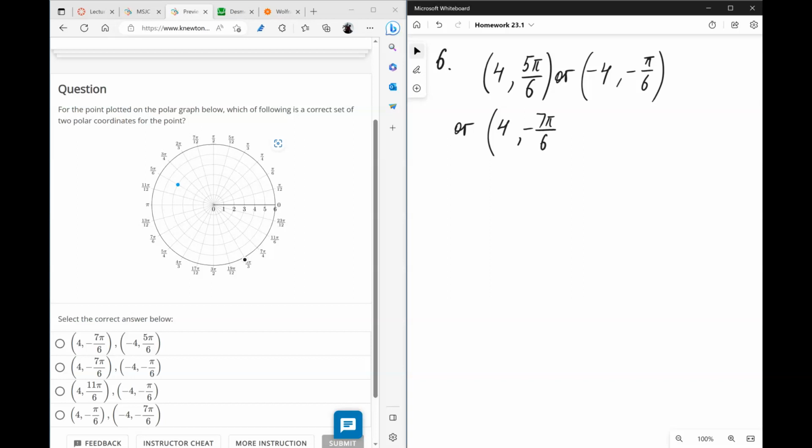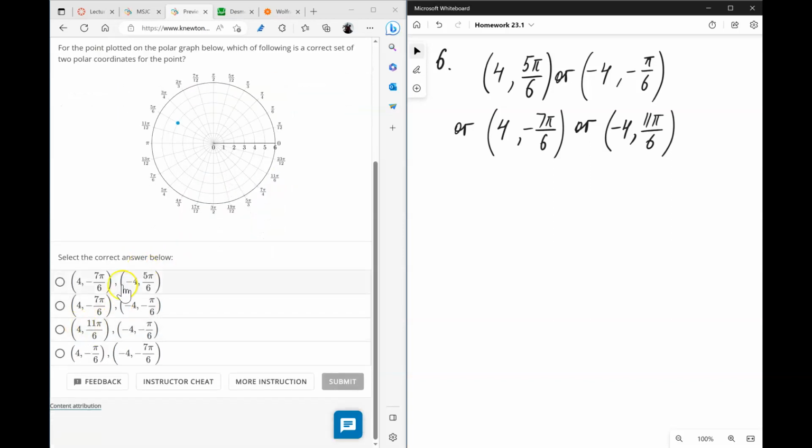Then you again will be moving forward 4, or you can go positive 11 pi over 6 and then move 4 in the negative direction. So all these, and there are many other alternative ways, but which one matches? Let's see. Looks like this one is the right one.